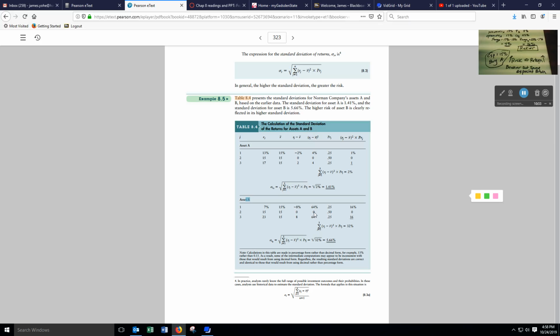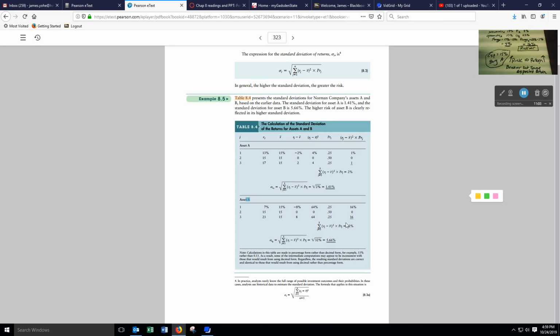The squared deviation about the mean expected return for the most likely scenario is 0. 0 times 50% or 0.5 probability is 0. Then we do it for the optimistic case. That's 64%. 64% times 0.25 gives us 16%. We add these two numbers and we get a variance of 32%.